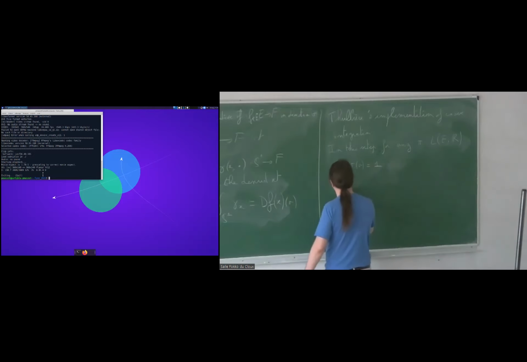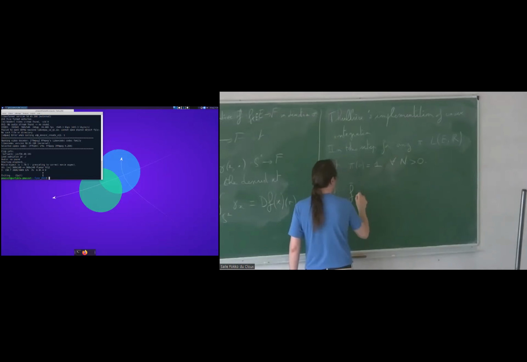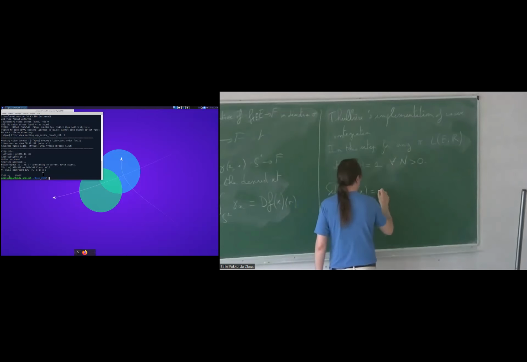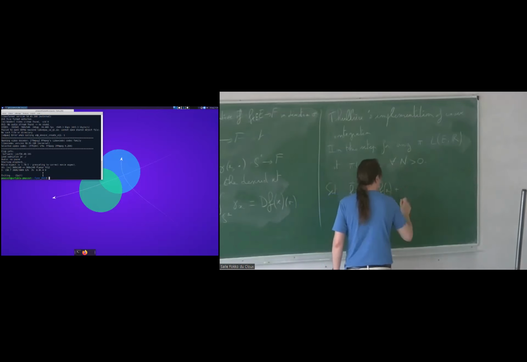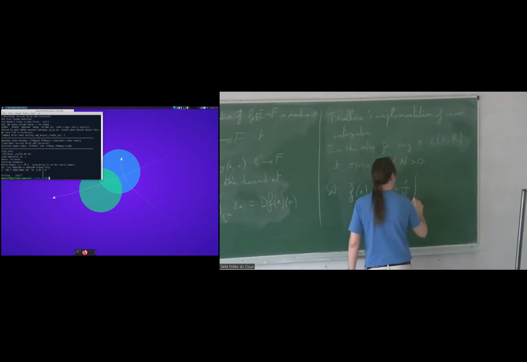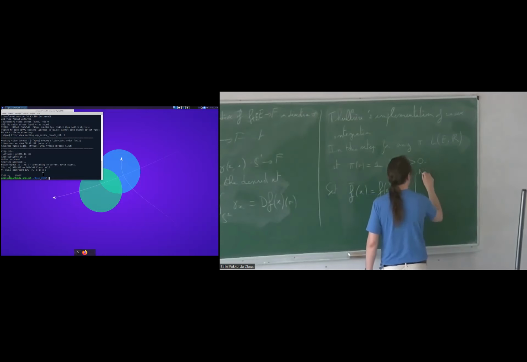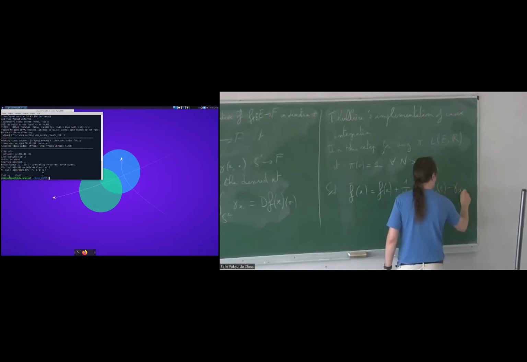I simply set, for some positive number n, f bar of x equals f of x plus 1 over n times the integral from 0 to n of phi of x times gamma x of t minus gamma x bar.